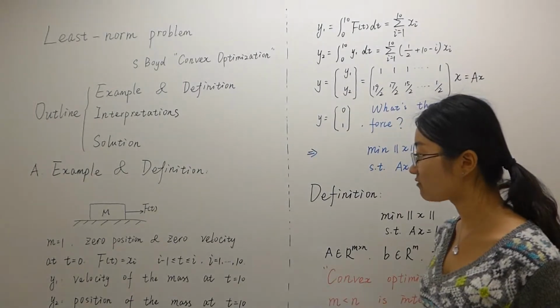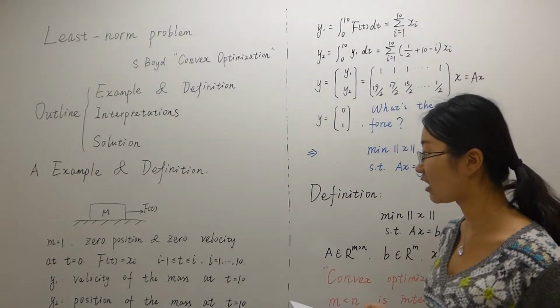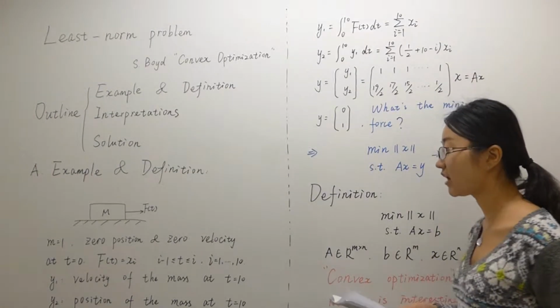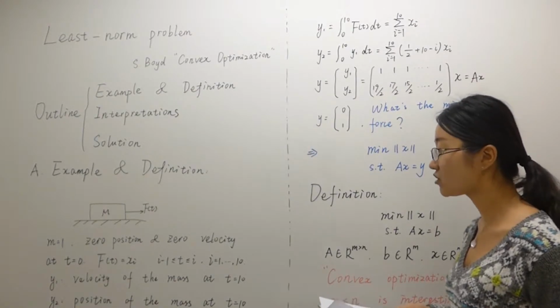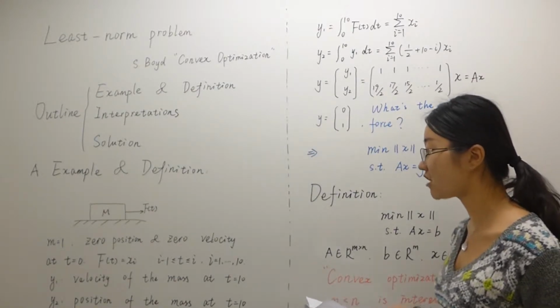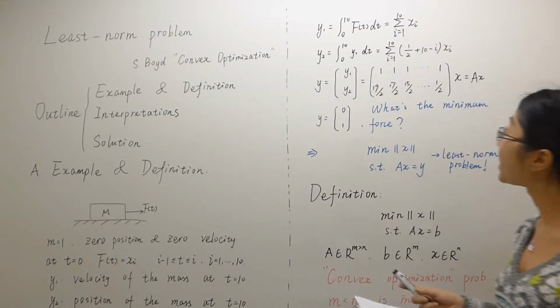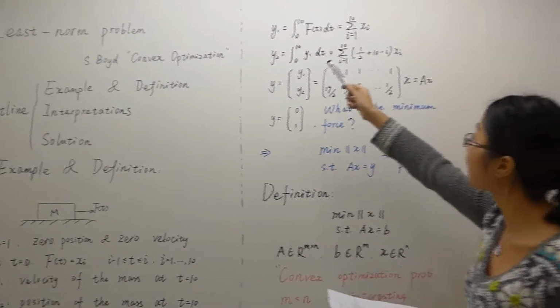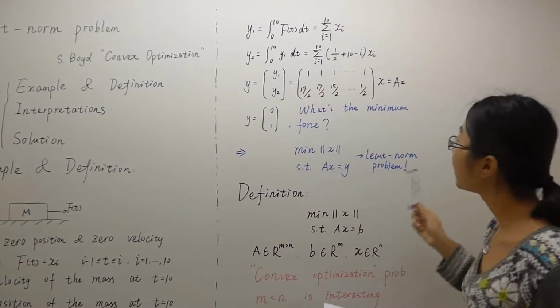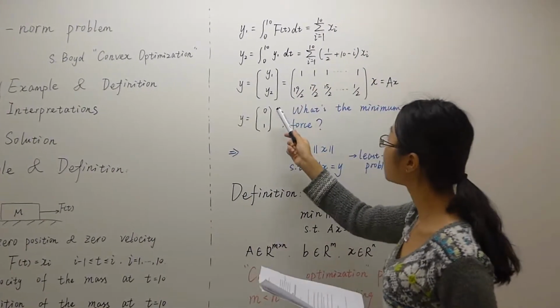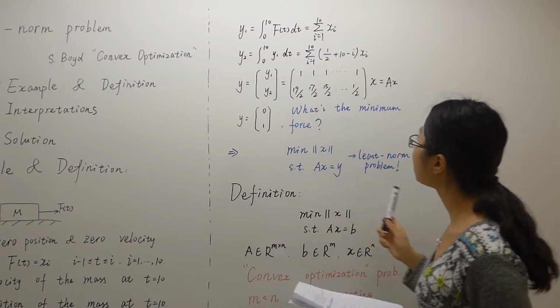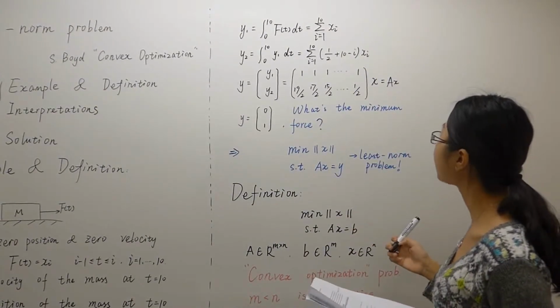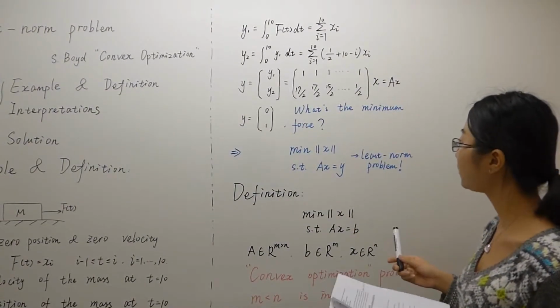If we use y1 to denote the final velocity of the mass, and y2 as the final position of the mass, then by Newton's law we can get the expression of y1 and y2 like this. If I write y1 and y2 in this form, then we have y equals Ax.